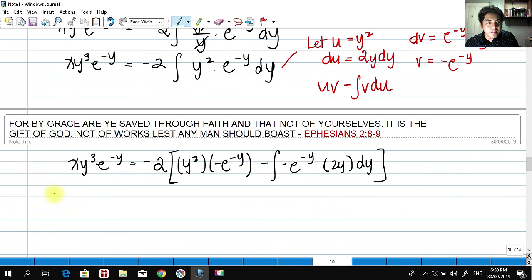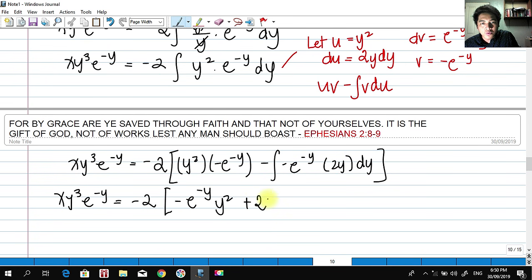So, upon simplifying, we have, first, negative 2, negative e raised to negative y squared. We can factor out negative 2 because it's a constant, and the negative sign here. And this is a minus, so that becomes 2 integral of e raised to negative y multiplied by y dy.